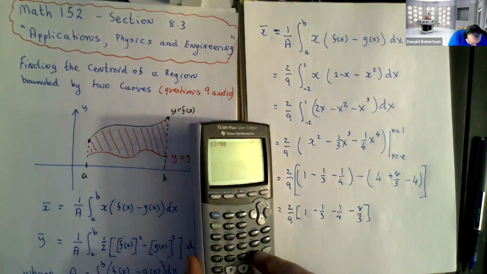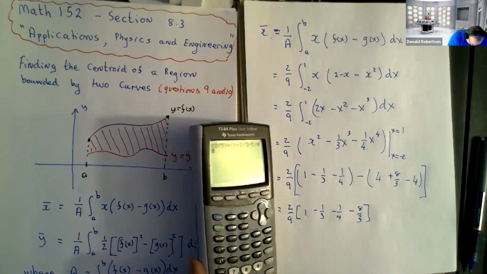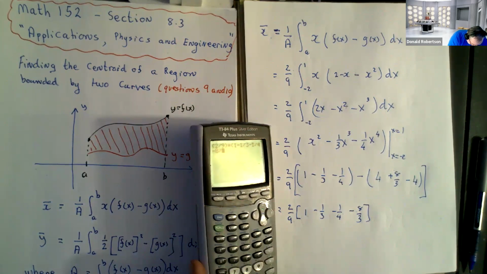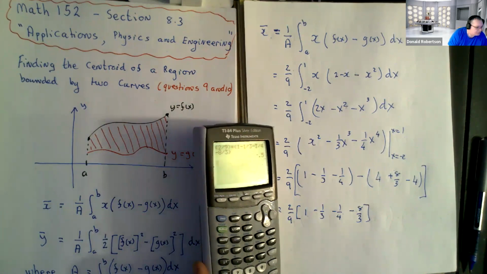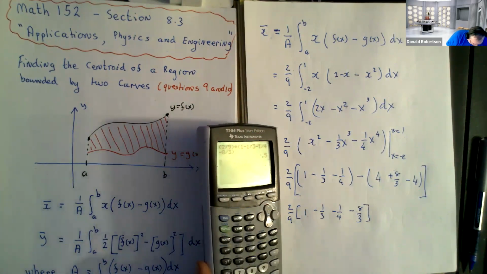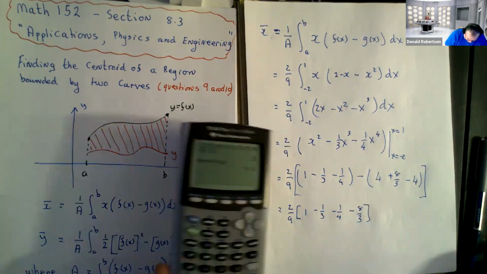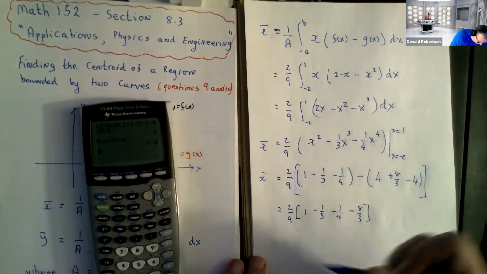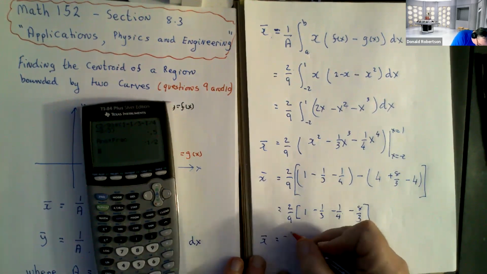In brackets, 2/9 times another bracket, 1 subtract 1/3, subtract 1/4, subtract 8/3, close the bracket, and the answer is, well, I can tell you that's -1/2, but let's just do it on the calculator. And so we are looking at x bar is -1/2.